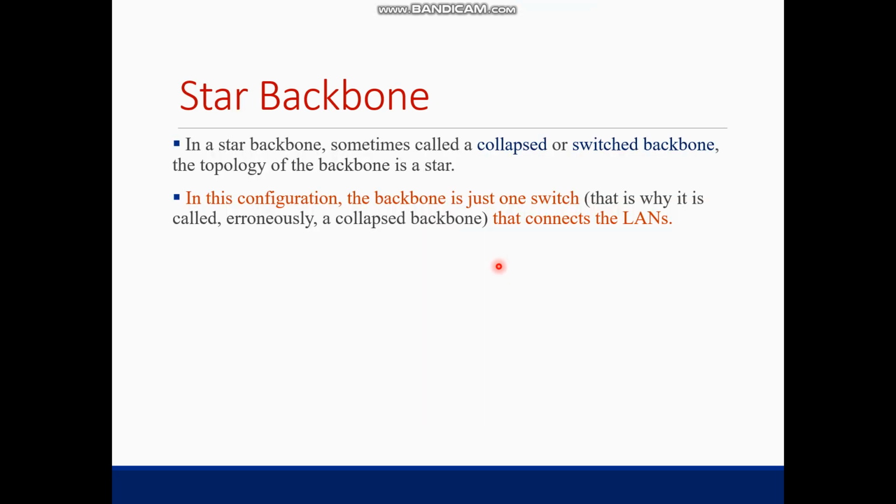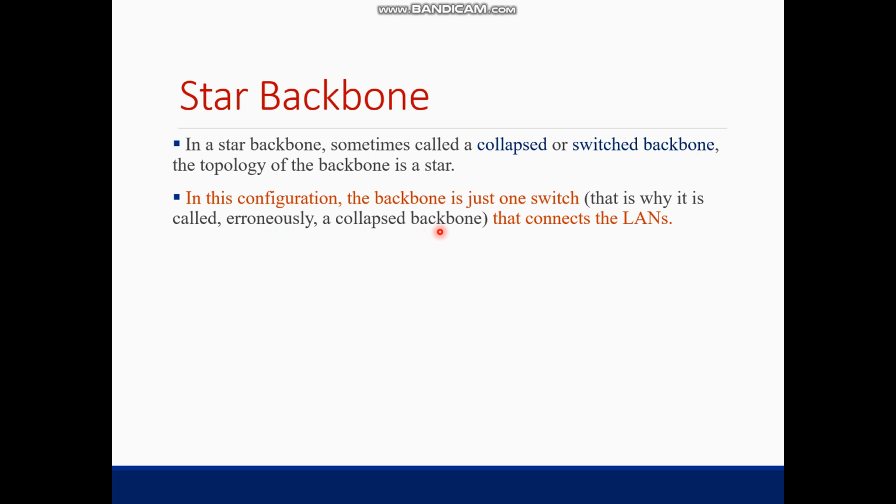This is what is called the bus backbone. In the star backbone, or sometimes called a collapsed or switched backbone, the topology of the backbone is a star. That means we are going to use star topology in order to implement a star backbone. So the backbone is going to be only a switch. It's not a cable like the one we use in the bus backbone. It is called a collapsed backbone, and it connects the LANs together.